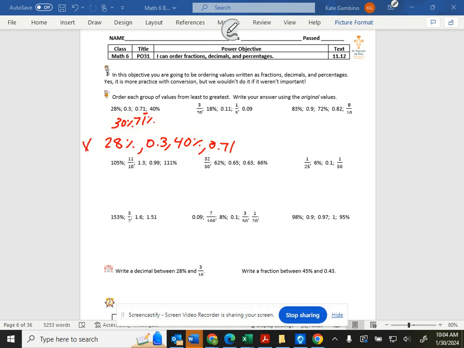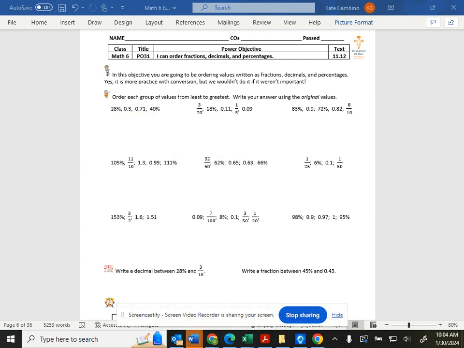So your final answer should be in the original form, but in order to figure out the order, you're going to want to be comparing percents to percents, fractions to fractions, or decimals to decimals. So figure out which one to convert it to.